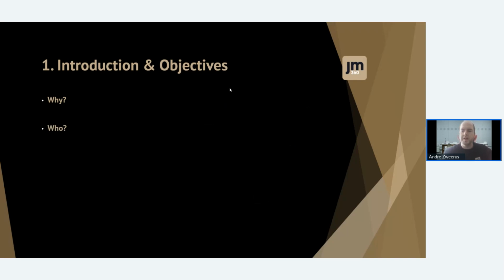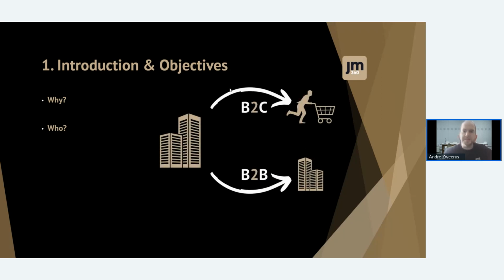So who is this for? Obviously, we have a lot of different types of companies and a lot of different niches and verticals that are using JMango. The good news is, though, today is going to be for both B2C and B2B businesses. So you might think that those are radically different, but actually the truth is they're not so different.